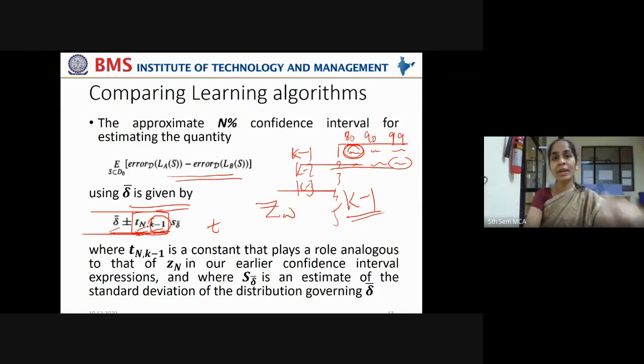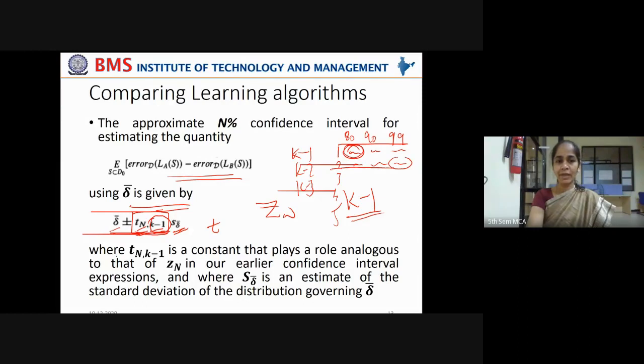That T value can be located from your T table. That critical value is multiplied by the sample's mean error, which is given by the mean difference between the two learning algorithms, delta bar. This will help you calculate the confidence interval within which the difference between these two learning algorithms' error will fall, right?